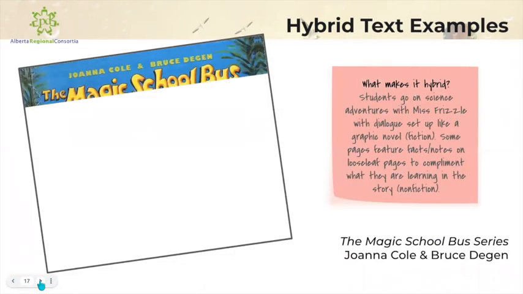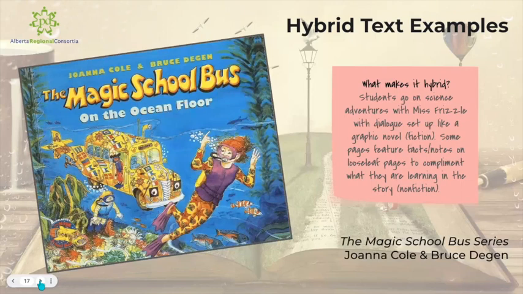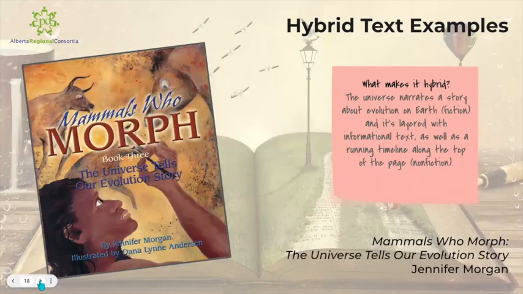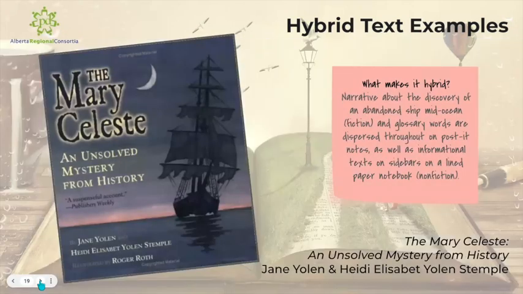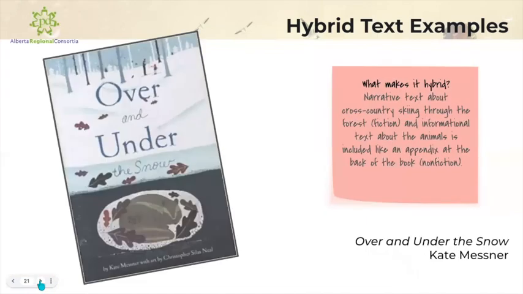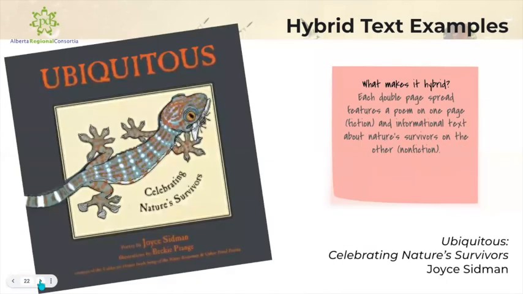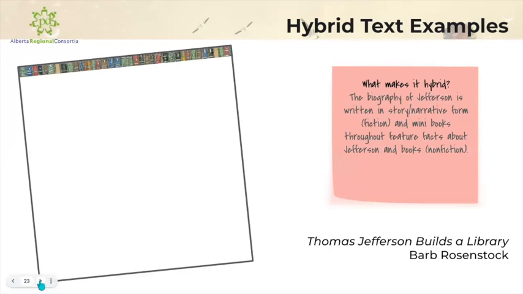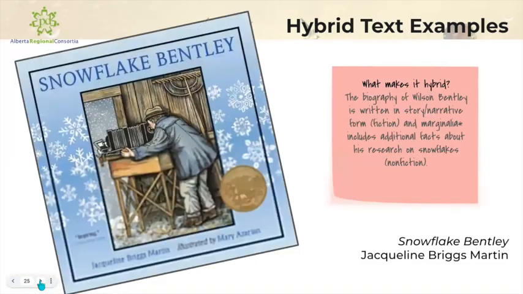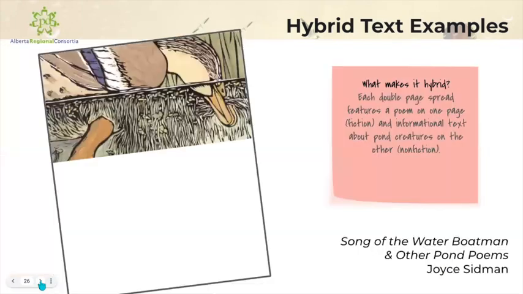And then there are others that include texts that would be for a more complex understanding of vocabulary and reading. So you will see naturally that you are drawn to some more than others, but there are a number of examples and structures that you could use that you likely already have in your school library to allow you to explore hybrid texts with your students.